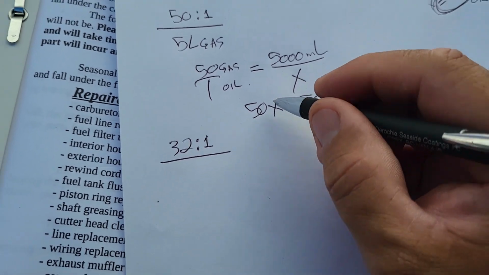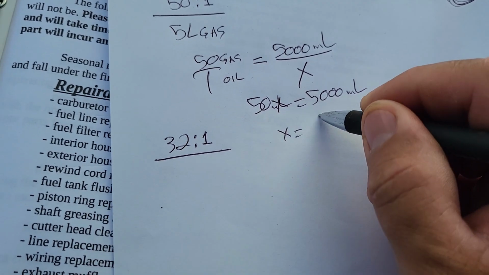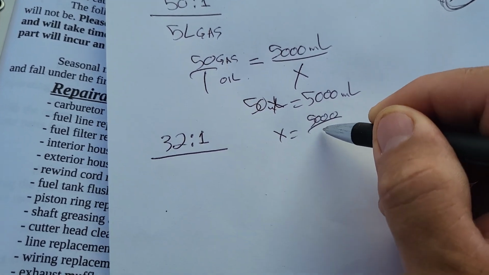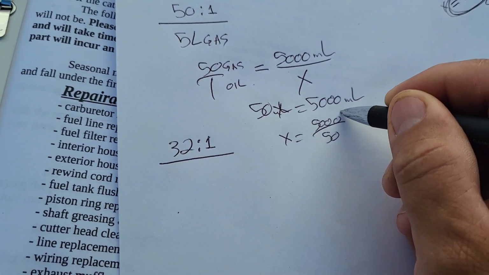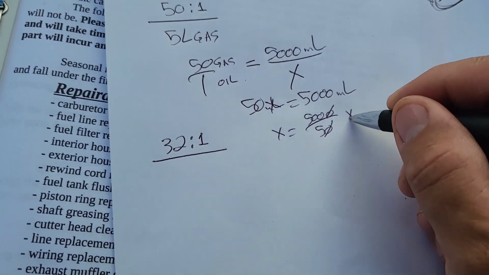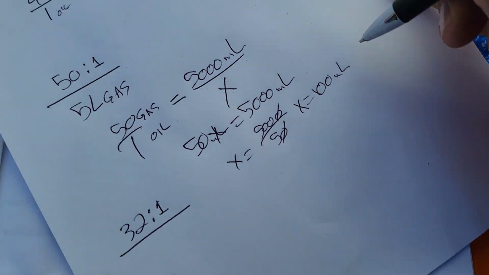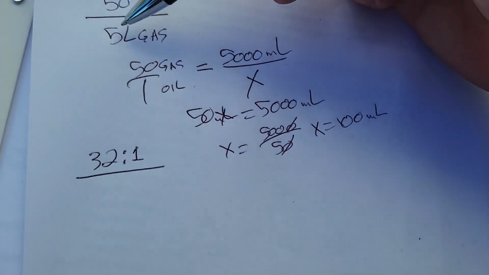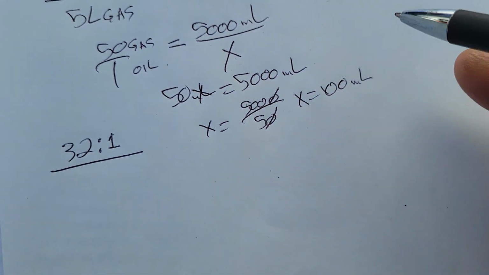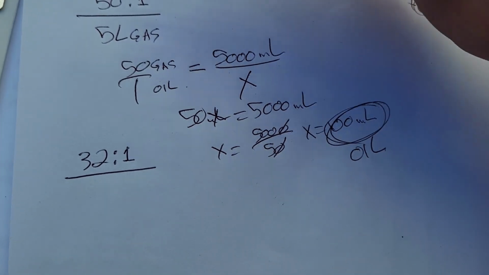Keep the prefixes. x equals 5,000 over 50, which is 500 over 5. x equals 100 milliliters.